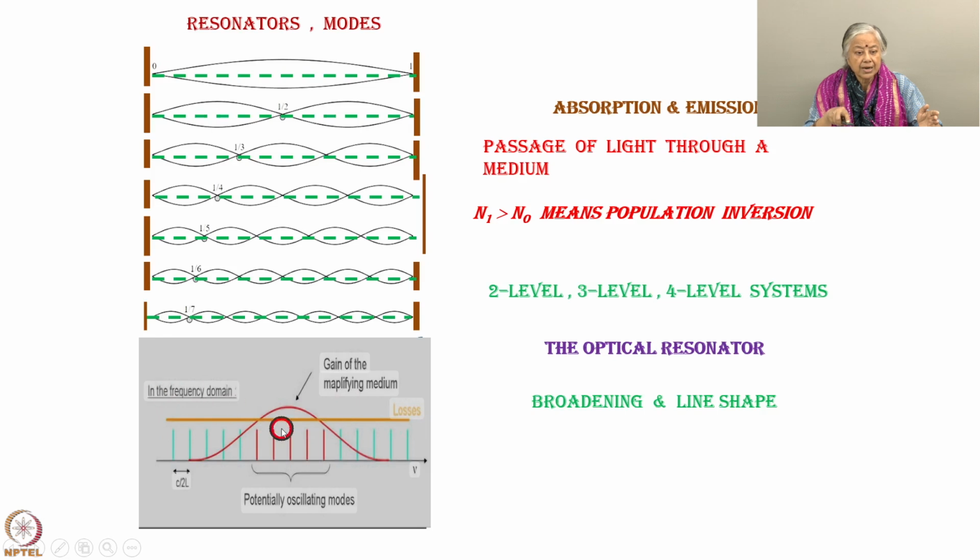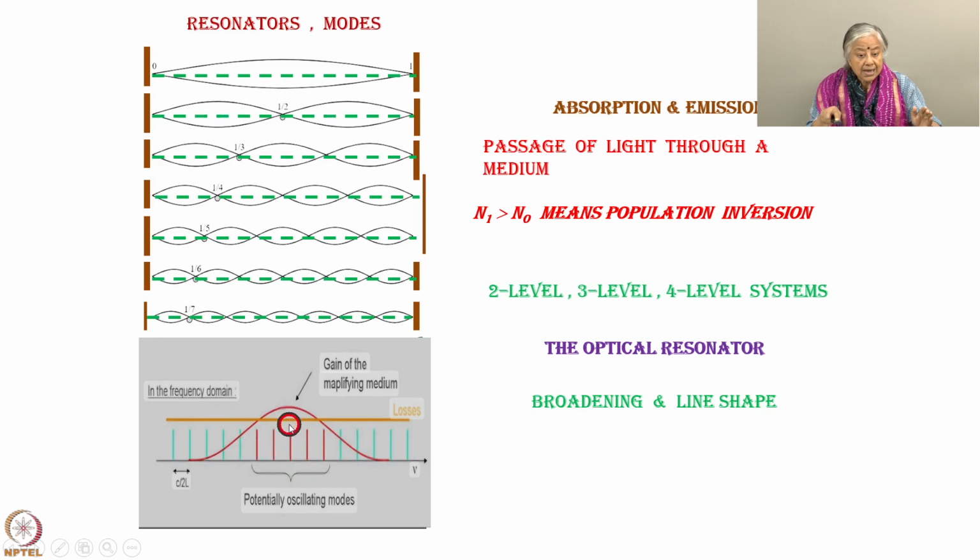So, all these modes are possible. The ones that fall within this gain medium are shown mostly in red, and these blue ones do not lase at all, because they do not fall within the gain medium, okay. Out of these also, the red ones which fall within the gain medium can possibly lase.